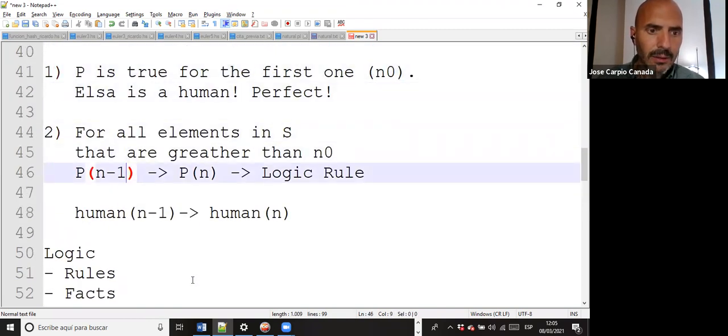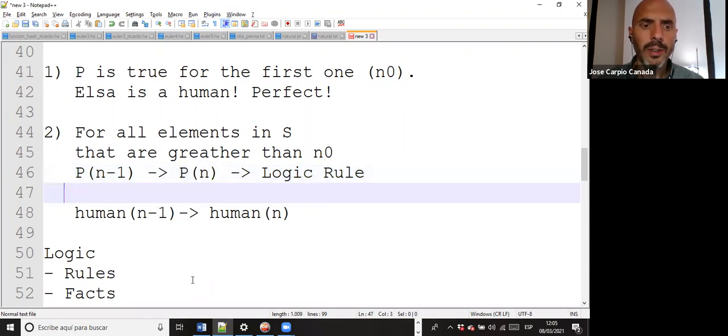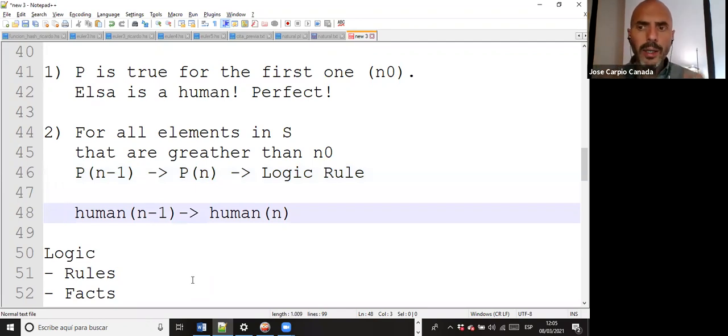So in this case, if the property for n minus 1 is true, I can say the property for n will be true. So in the case of human people, I can say, if the n minus 1 is a human, the next person is a human too. You can think about the concept of human like your father, grandfather.